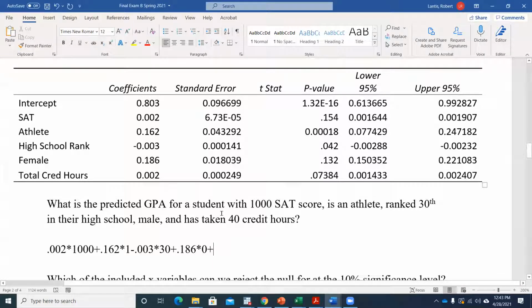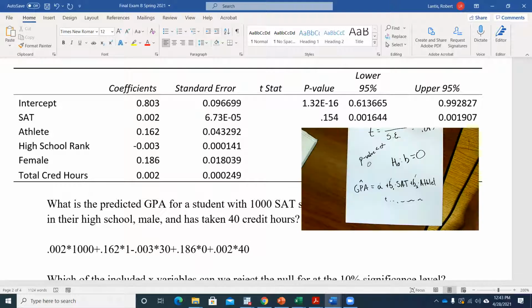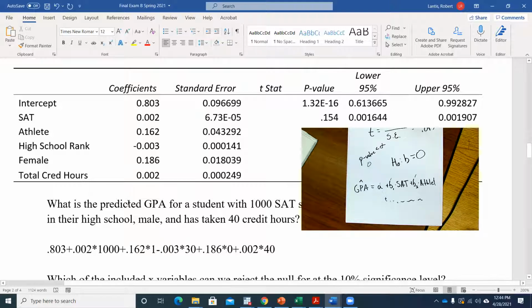Add into that the coefficient on total credit hours times the total number of credit hours this person has taken, and that should give me my predicted GPA. Oh, what? I forgot one thing. I got all my coefficients multiplied by the value of the variables, but I still have to add in that intercept. I should have had 0.083 added in at the very beginning, because my intercept always gets added into that prediction.